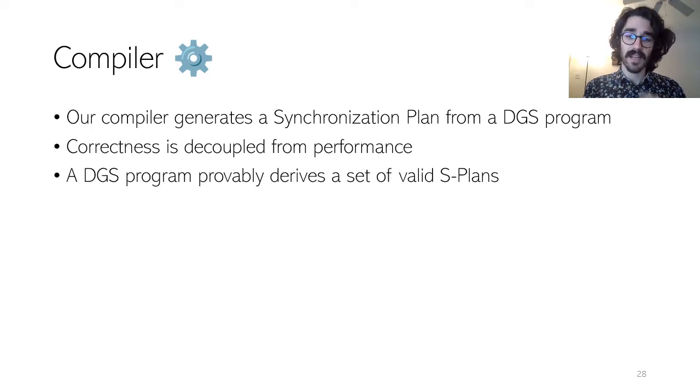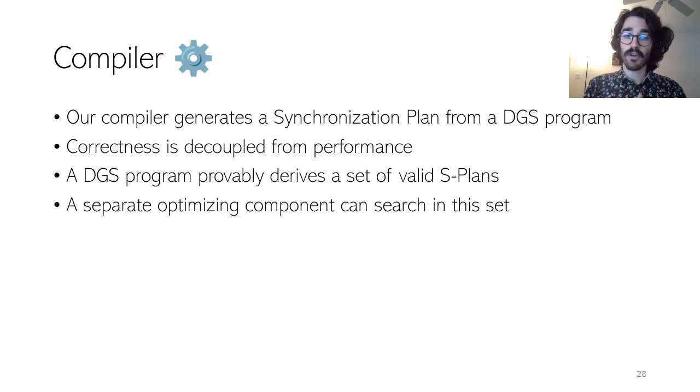That a DGS program provably derives a set of valid synchronization plans, and then a separate optimizing component can search in this set and produce an efficient implementation only as long as it stays in this set.